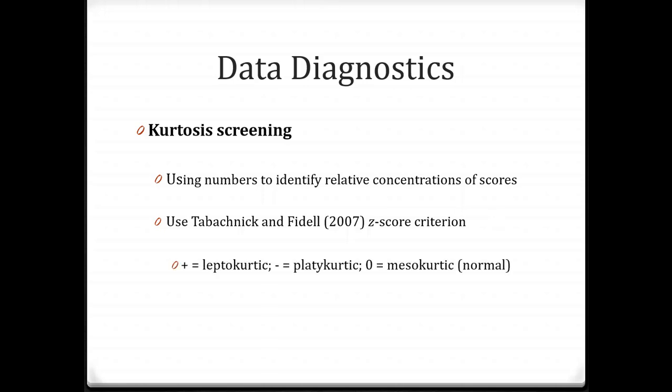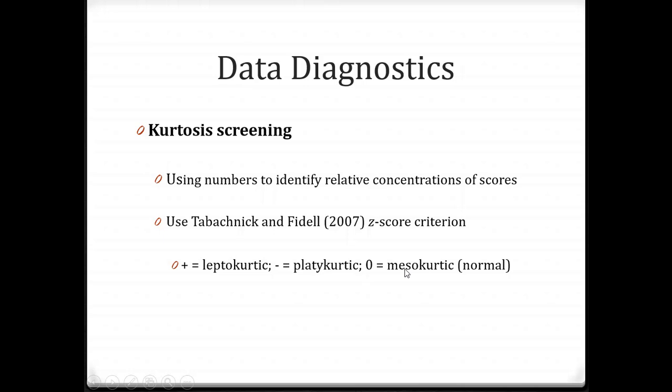The sign of that value, if it's positive, that indicates that you have a distribution that's a little leptokurtic. If you have a negative in front of your kurtosis value, that indicates that you have a somewhat flat distribution. If you have an exactly zero value for your kurtosis, that is a mesokurtic or normal distribution.